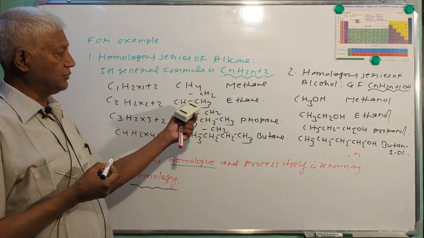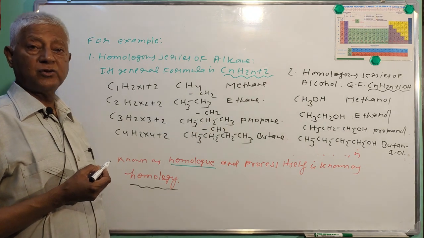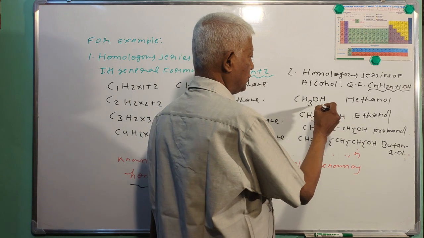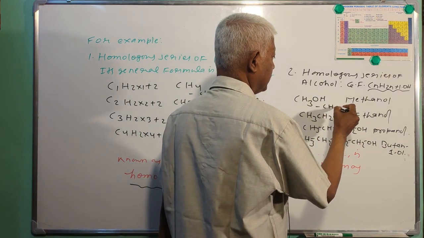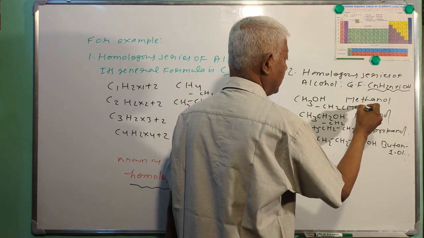The difference between two consecutive compounds is always CH2, which is known as methylene. Likewise over here, the difference is CH2, the methylene group.